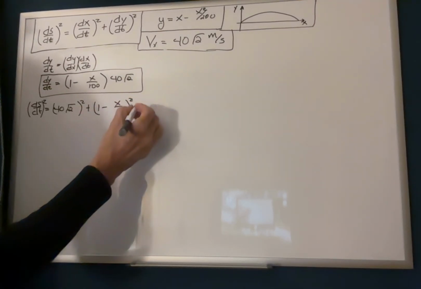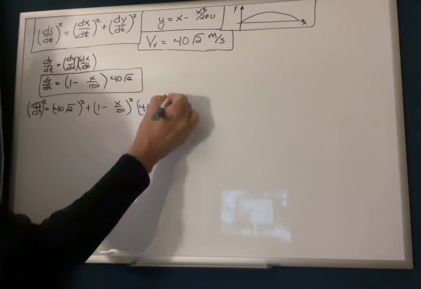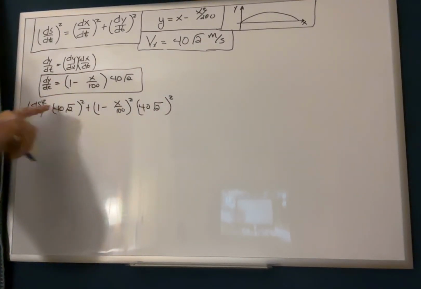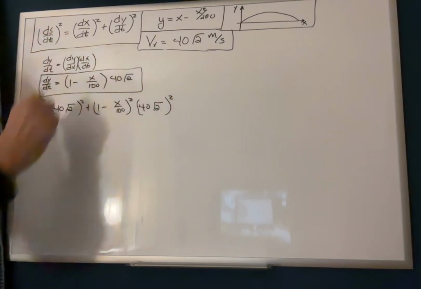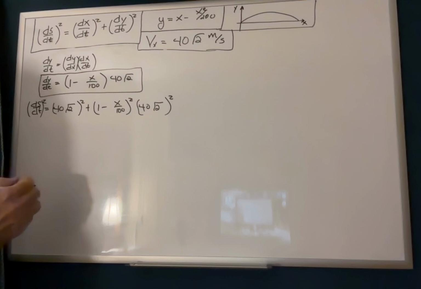We're going to square that, and then we're going to say 40 times the square root of 2, and we're going to square that. So this is this thing right here. So we put our equations into this, and let's see what we can get.